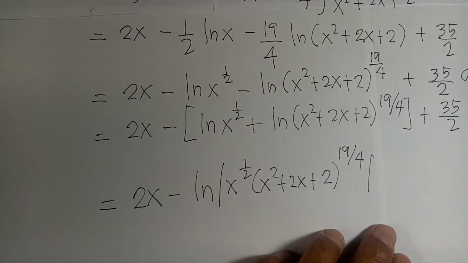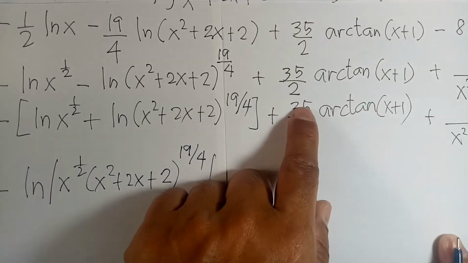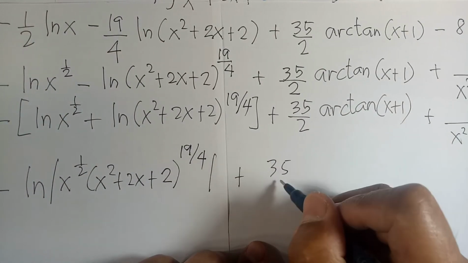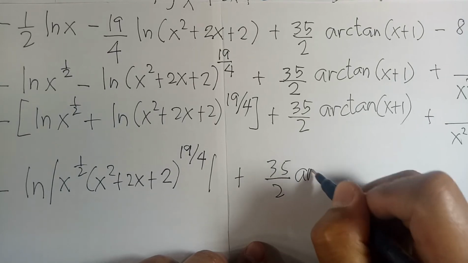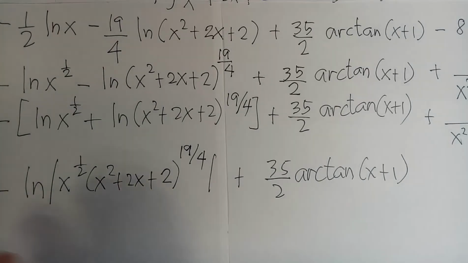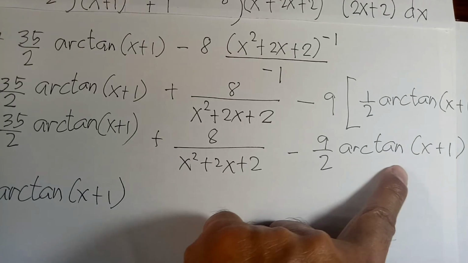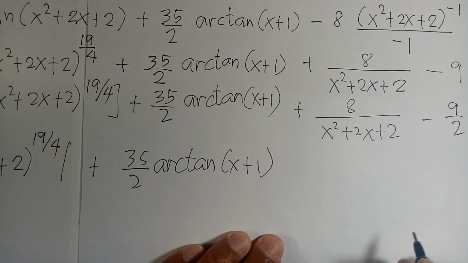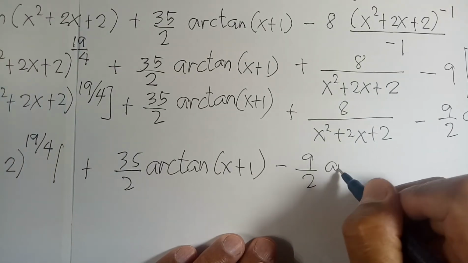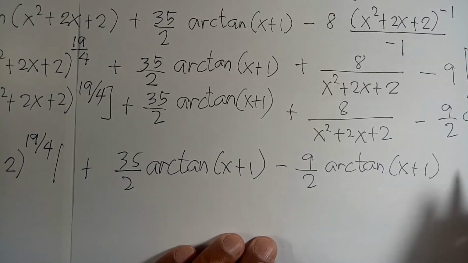Then we have plus 35 over 2 arc tangent of x plus 1, then we group minus 9 over 2 arc tangent of x plus 1.